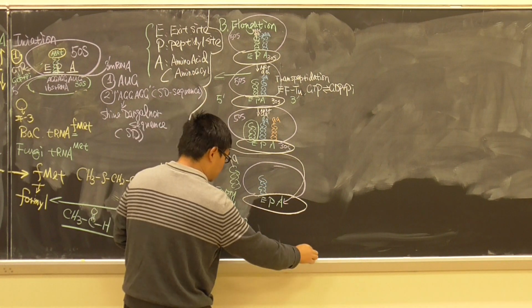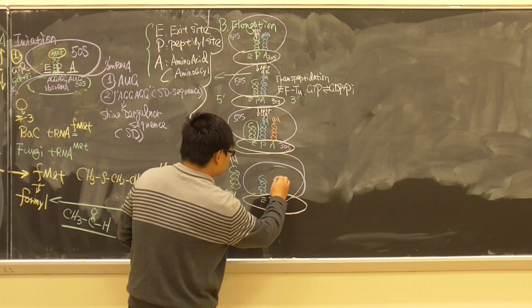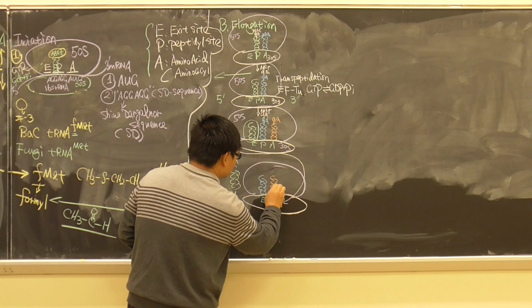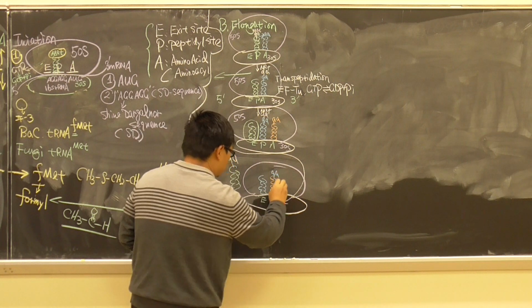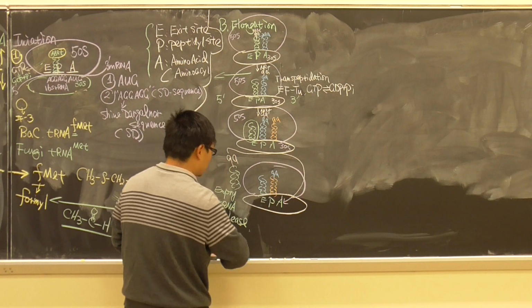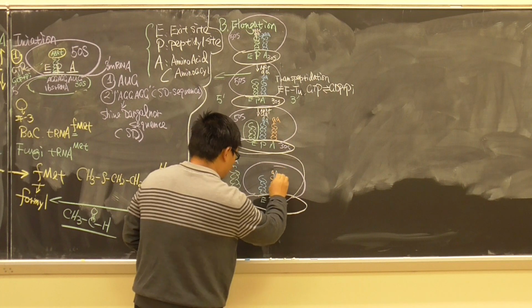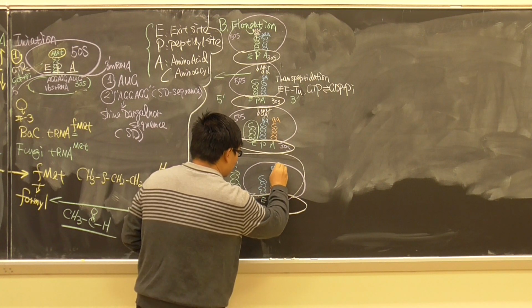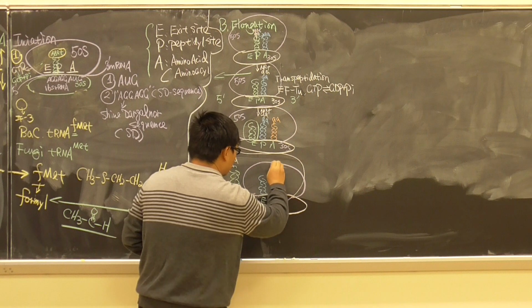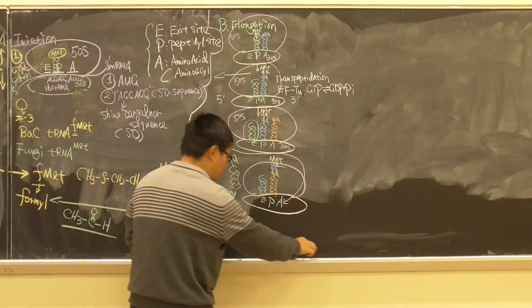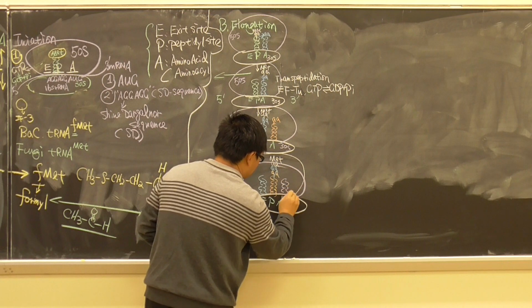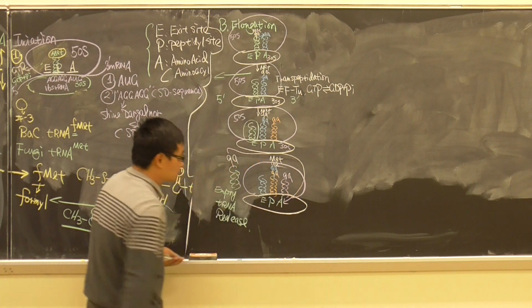Then this guy will be moved to here, then become AA, sorry, not this AA, the purple AA, then this color AA, and the last one is MET. Then a new one is going to come in, carrying another color.